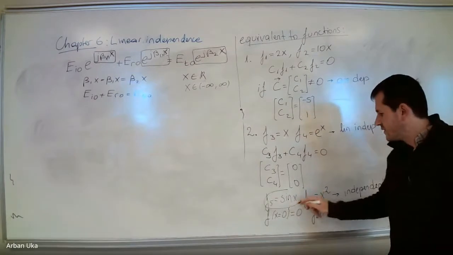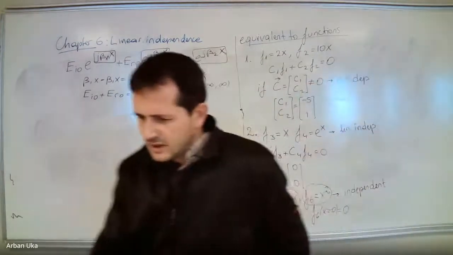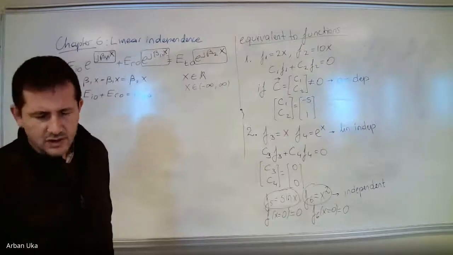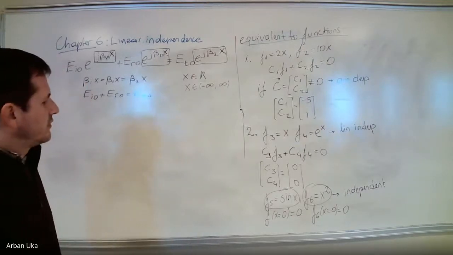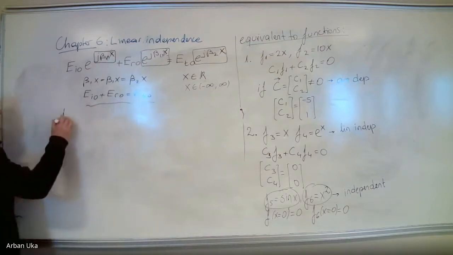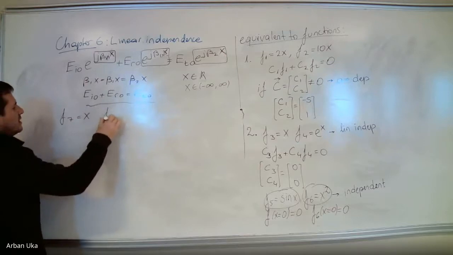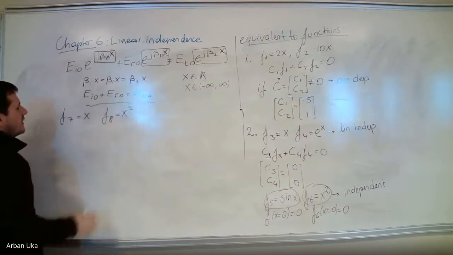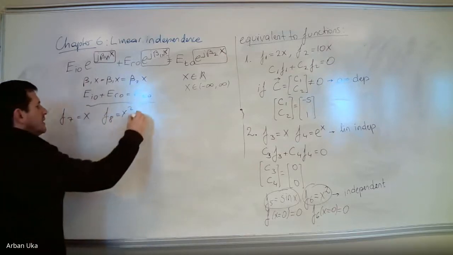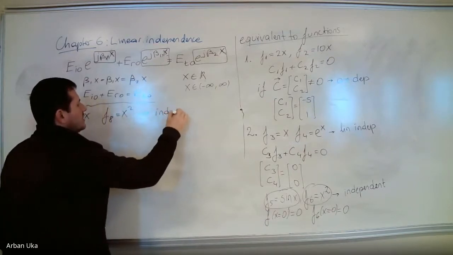Why? Because these functions are hardly linearly dependent, since their ratio is not a constant number. We can even pick a simpler example: f7 equal to x, and f8 equal to x squared. Are these linearly dependent? With the examples we have on the board, we say that they are independent.